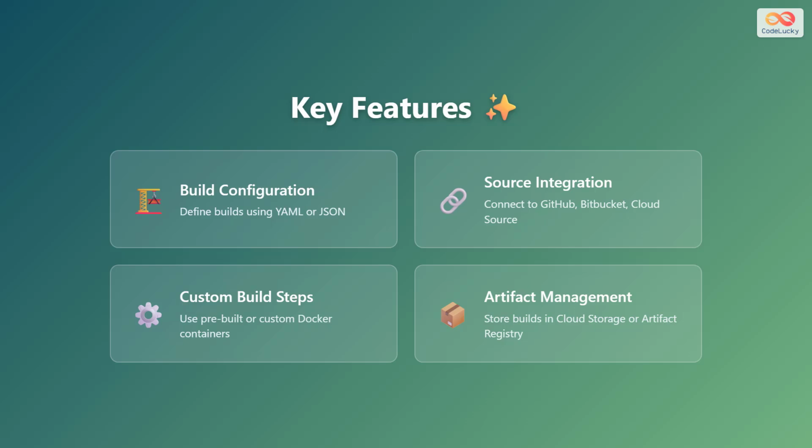Third, custom build steps enable you to use pre-built Docker containers provided by Google or create your own custom containers for specialized tasks. Finally, artifact management ensures your build outputs, whether they're Docker images or application packages, are securely stored in Cloud Storage or Artifact Registry for later deployment.